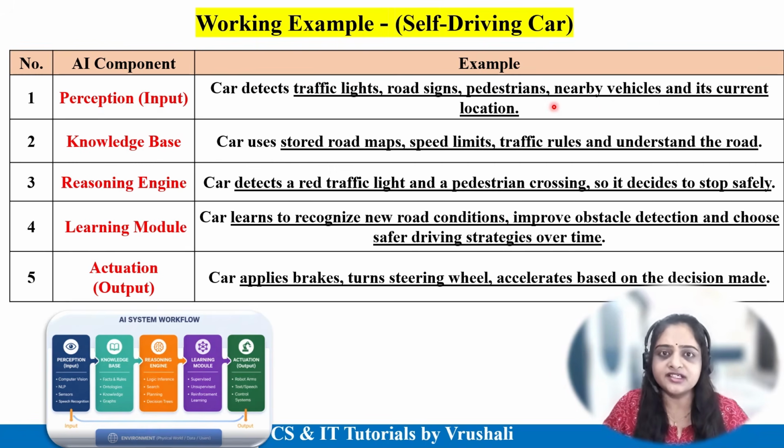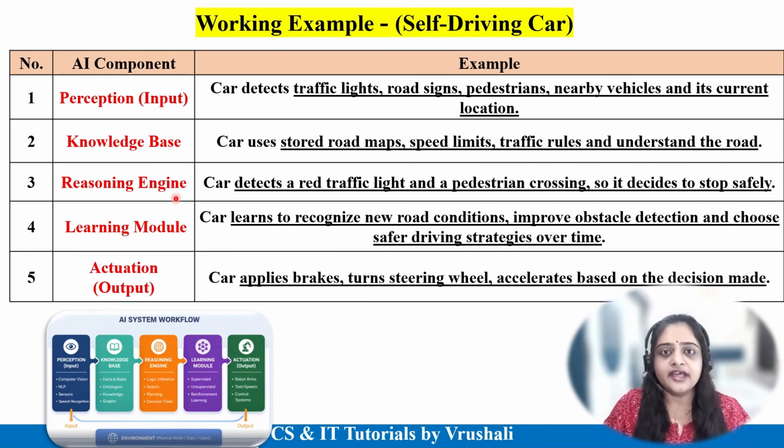Means they capture the information. Now this information is sent forward to the knowledge base. They already store the information. Okay. So here the self-driving car uses the stored roadmap, speed limit, traffic rules and also understands the road because this information has already been stored.